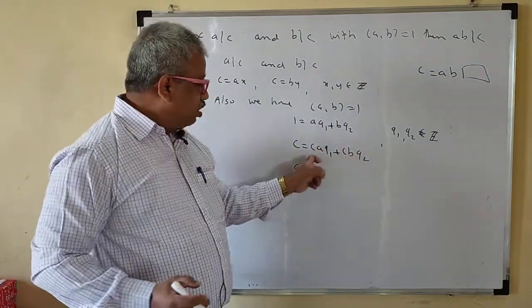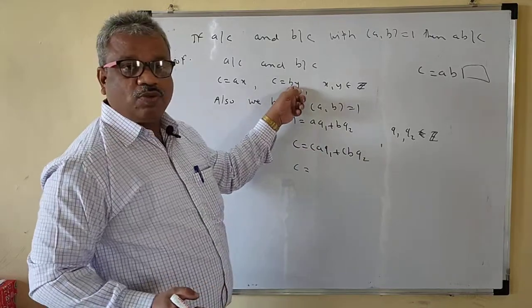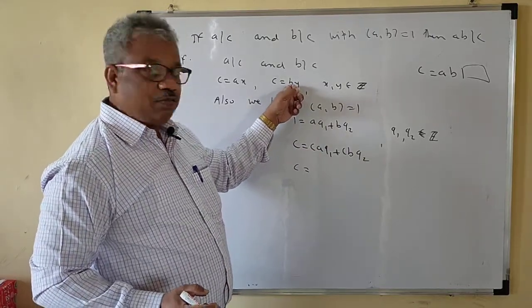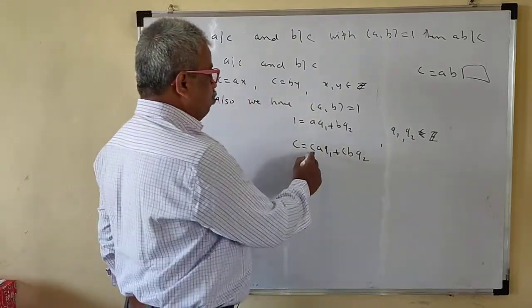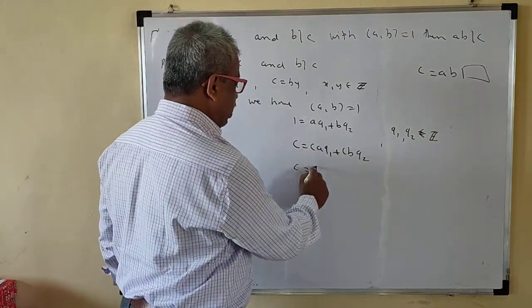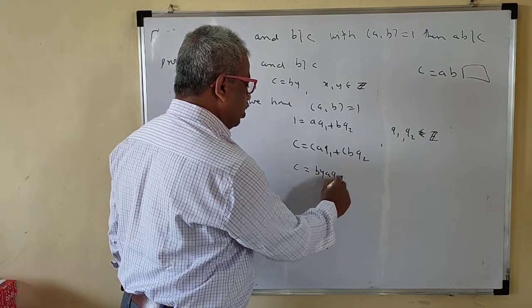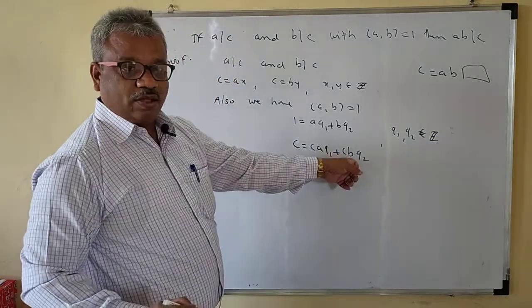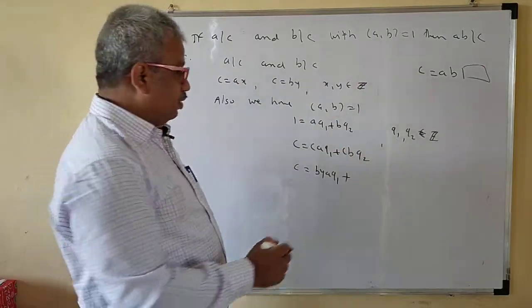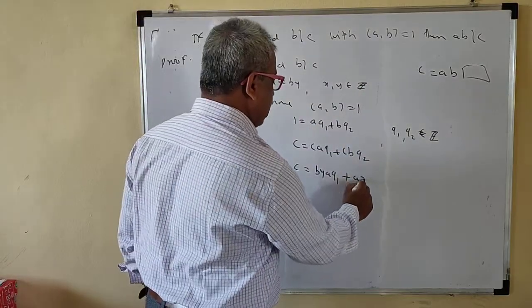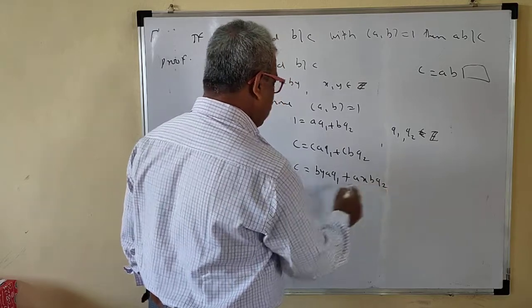I put the value of C as By in the first term, giving BY times AQ1, plus the value of C as Ax in the second term, giving AX times BQ2.